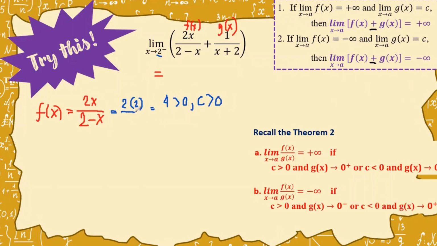Okay? Wag natin kalimutan yung over na to. Sa g of x kasi may restriction, no? Kasi kung i-substitute natin si 2, magiging 0 siya. So, hanap tayo ng mga possible na values ni x na decreasing. Bakit siya decreasing? Because yung approach natin dito is 2 minus, so to the left siya.